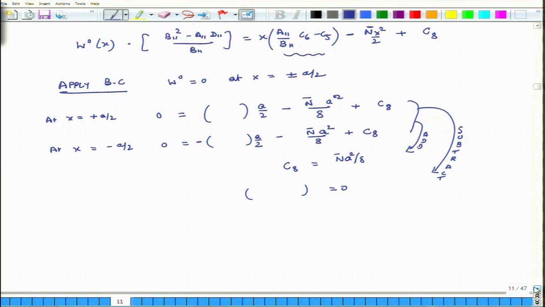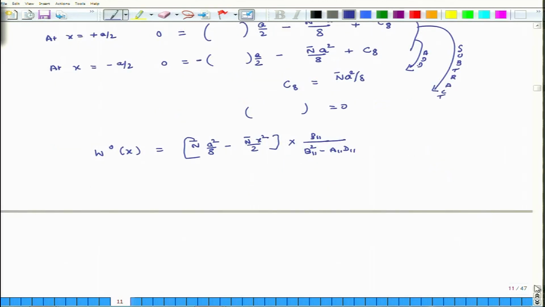So, once I get this, I can say that W naught over x is equal to n bar a square over 8 minus n bar x square over 2, into b11 by b11 minus a11 d11, this b11 square. This is my expression.